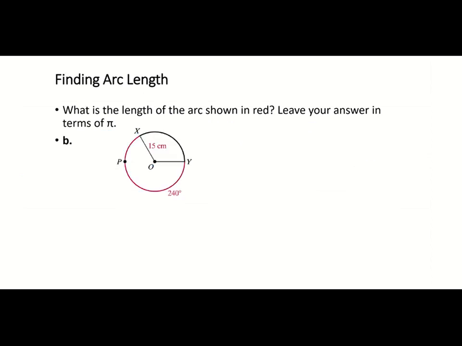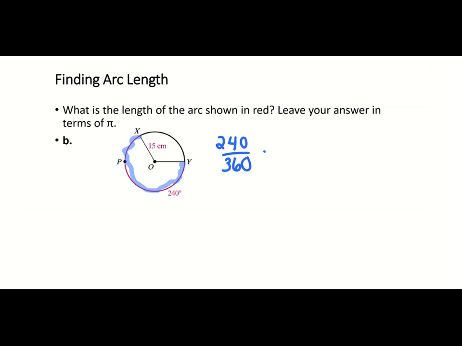All right, so next we're going to find the length of arc, in this case, XPY, because that's in red. And they want your answer again in terms of pi. So the measure of this arc, they gave it to us, is 240. So we would have 240 over 360.